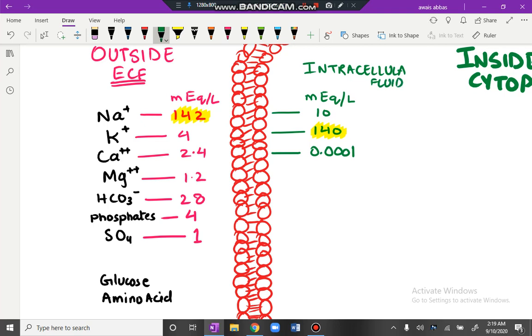Okay guys, now we have got magnesium over here, and magnesium, which was in minute quantity outside the cell, is slightly elevated inside the cell. It is 58 milliequivalent per liter. And then when you're going to talk about the bicarbs, they are present outside the cell in more quantity.